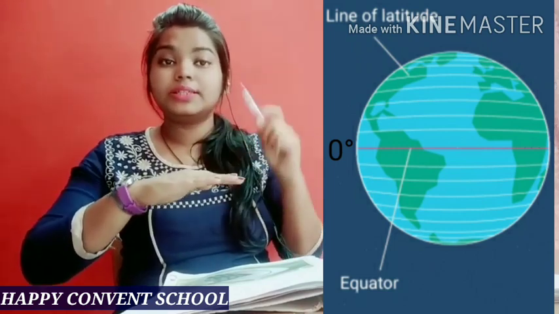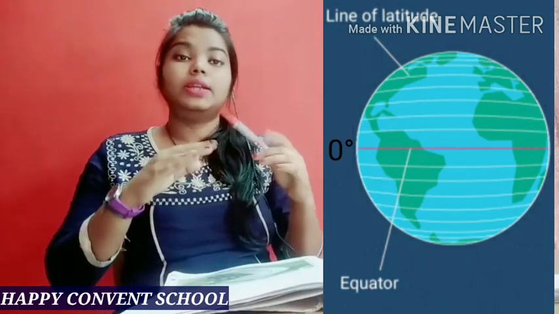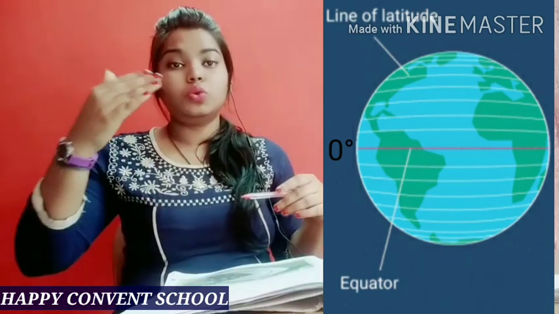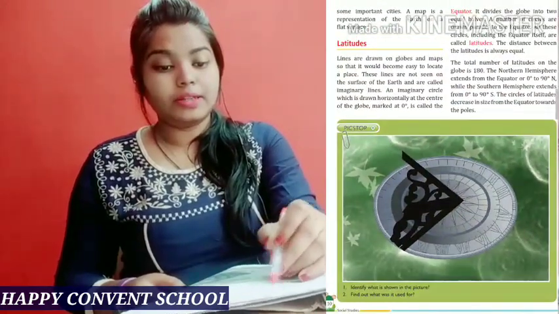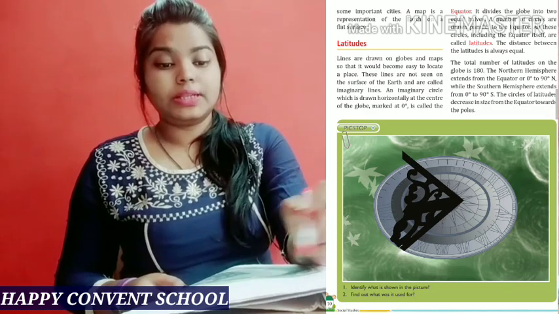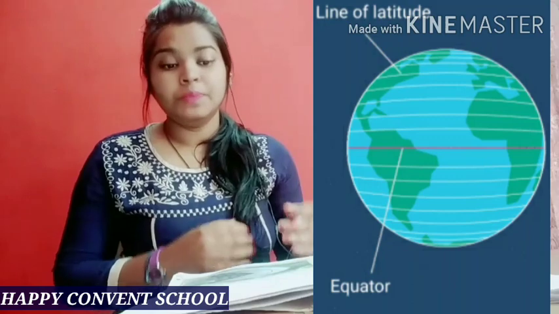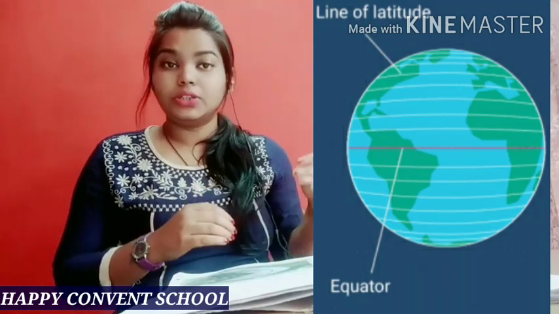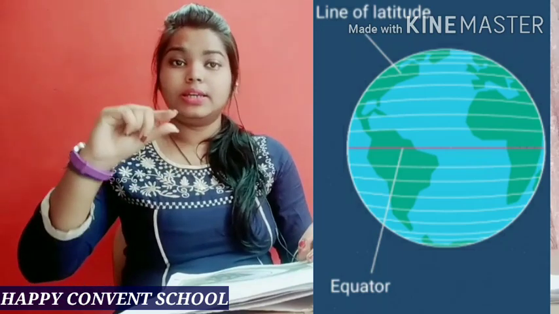This particular circle is called the equator. The equator divides the globe into two equal halves. A number of circles are drawn parallel to the equator. All these circles, including the equator itself, are called latitudes. The distance between these latitudes is always equal.